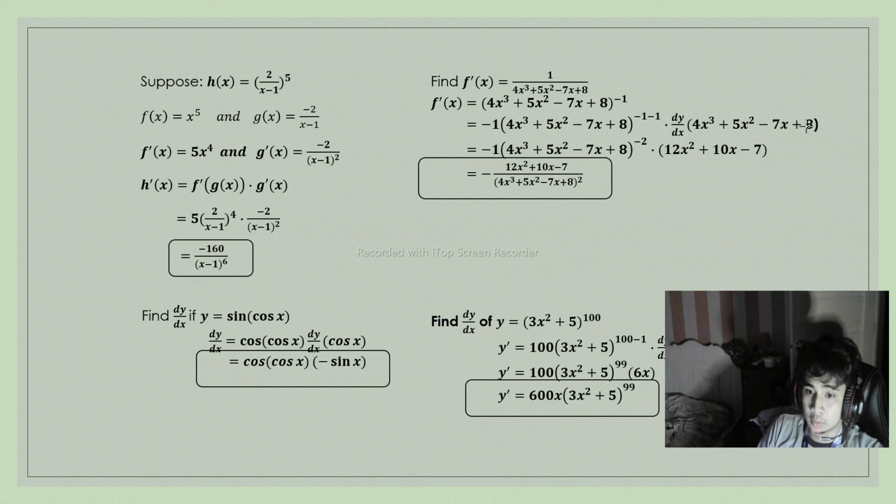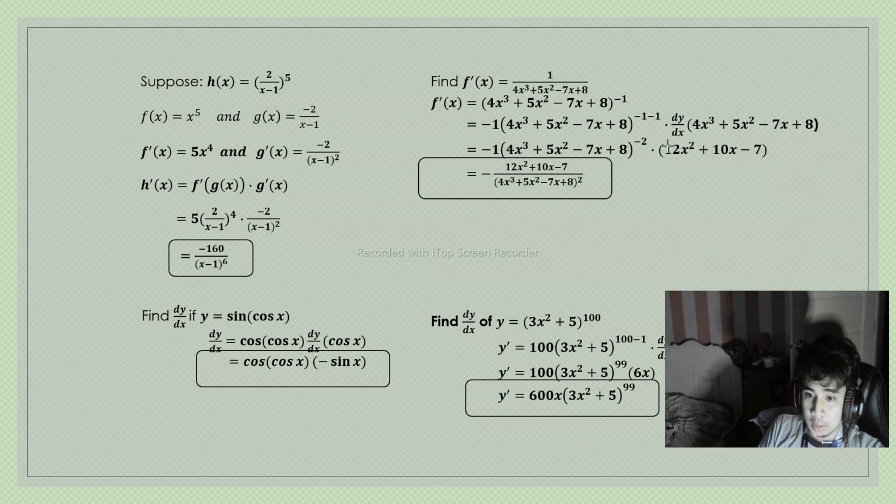Tapos, hanapin natin yung derivative ng katawan. Derivative nito ng 4x cubed plus 5x squared minus 7x plus 8 ay 12x squared plus 10x minus 7. So, ayan na yung final answer natin.